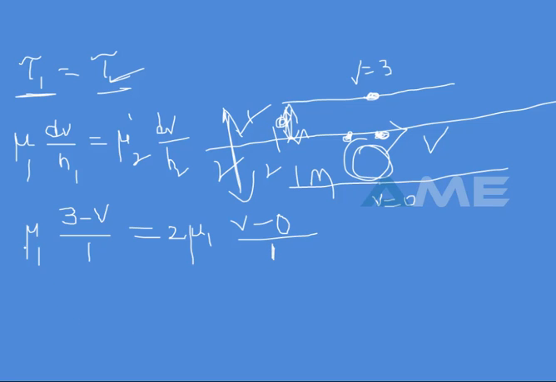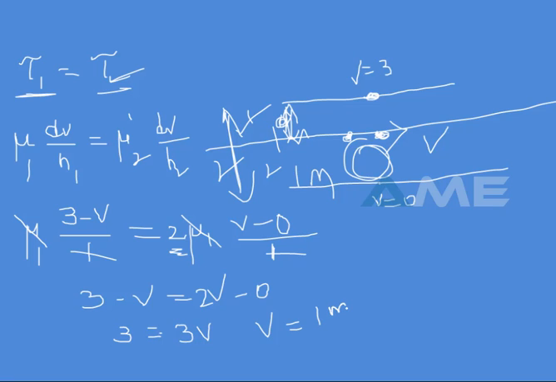If you cancel the mu 1s and the 1 in the denominators, you get 3 minus v equals 2v. So 3 equals 3v, and v equals 1.